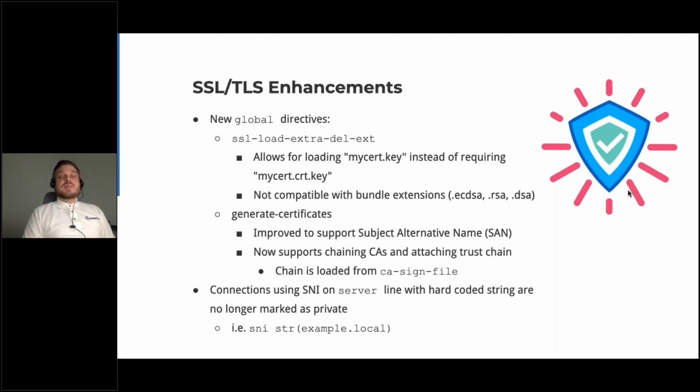However, when specifying the SNI on the server line, the connection is marked as private, and therefore that backend connection wouldn't be shared or reused. In most cases, though, it was found that most users are hard coding the SNI as a string, and they're not using a dynamic log-format parameter. So in those cases, HAProxy will no longer mark the connection as private, allowing it to reuse the connection as there's no risk in reusing the connection with a hard-coded SNI.